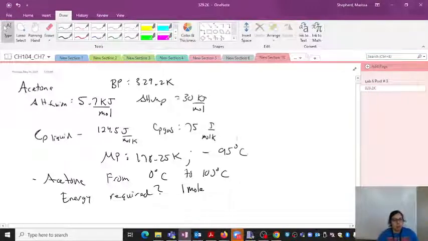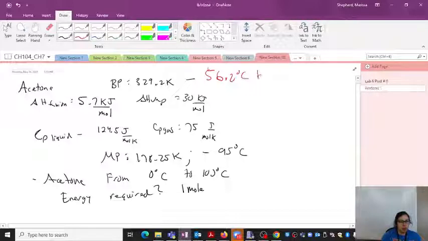And it's kind of irrelevant for this problem, but it's at least good to note. So we're starting way above the melting point, so we don't really care about the heat of fusion. It's already a liquid. And the boiling point, we can just subtract 273. So we're at 56.2 degrees Celsius for our boiling point.